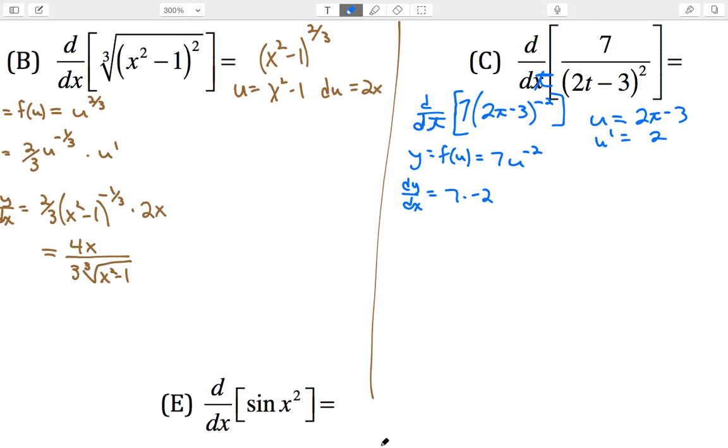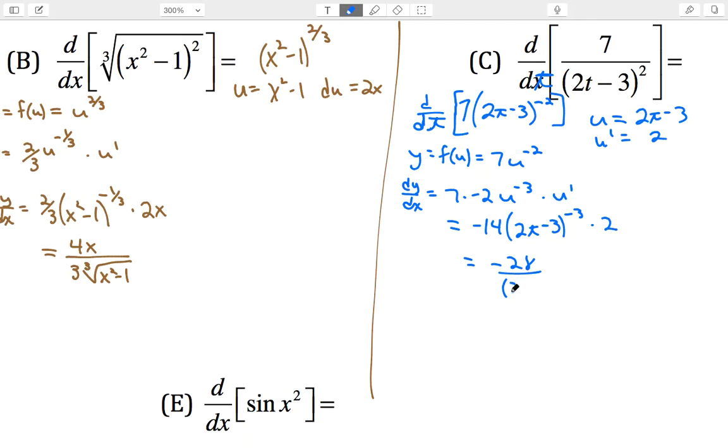I just do it for the people who need to see all the steps, which sometimes is me. So that's going to be negative 14 times 2. I'm pretty sure that this is wrong in the notes.